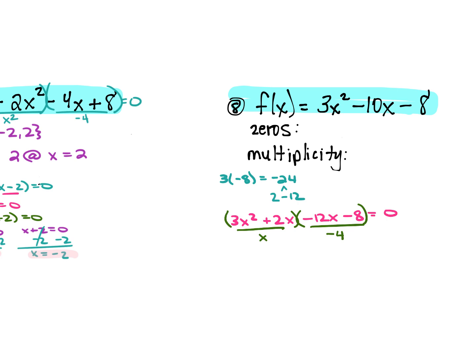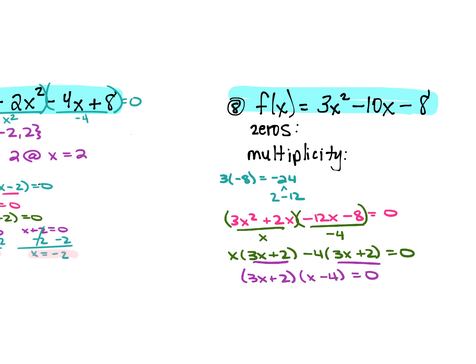From here, this is going to give you x times 3x plus 2 minus 4 times 3x plus 2 is equal to 0. Your two parentheses are the same, so that gives you 3x plus 2 times x minus 4 is equal to 0. Set them both equal to 0 and solve.